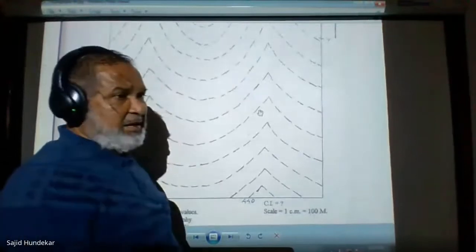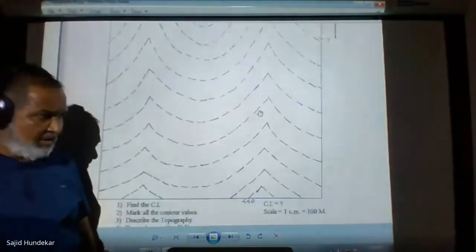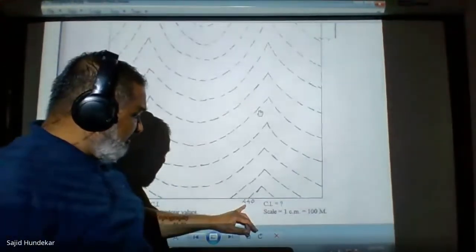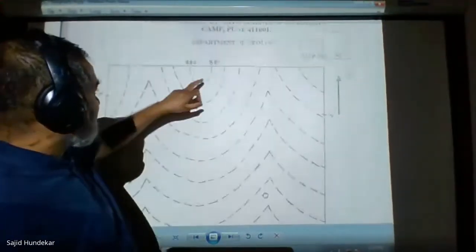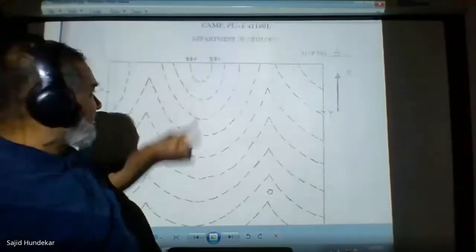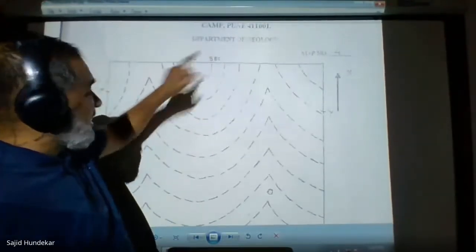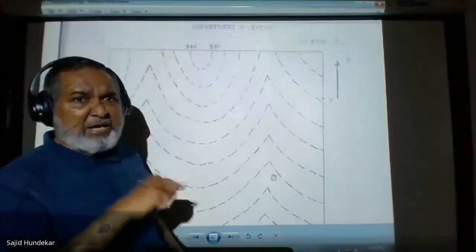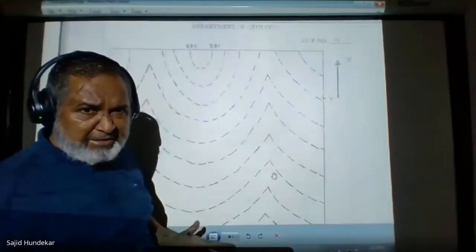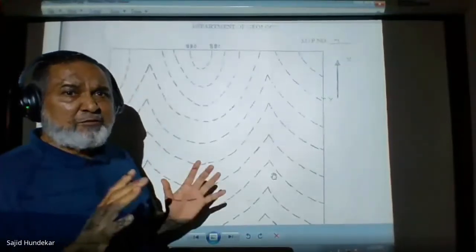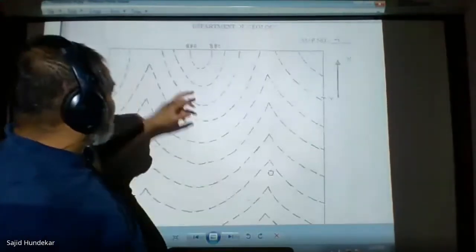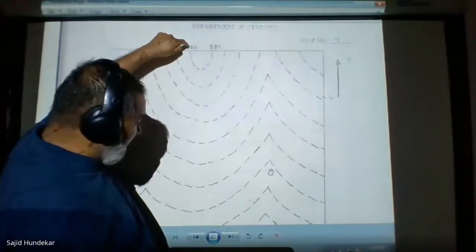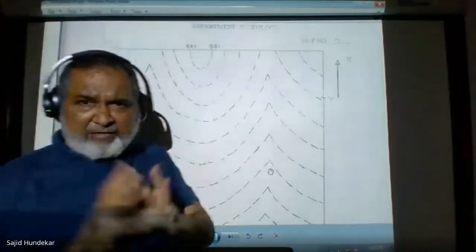So I got 11 contours, and the 12th contour is here at 880. So now 880 minus 440. How much is the difference? The difference is 440, divided by how many lines? 12 lines.